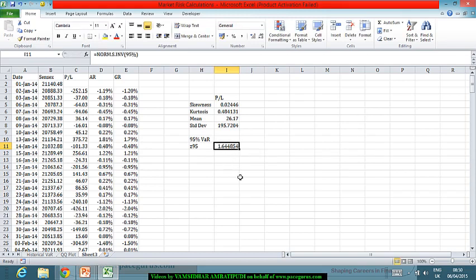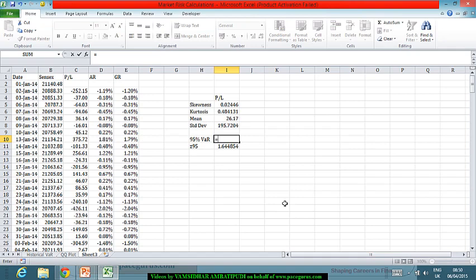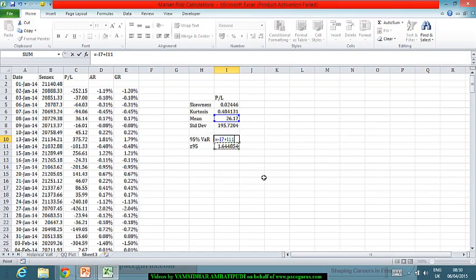It gives me 1.645. So from here I can compute the 95% value at risk, which is nothing but minus mean plus Z alpha times the standard deviation. This directly gives the 95% value at risk if I assume that the profits or losses follow a normal distribution.